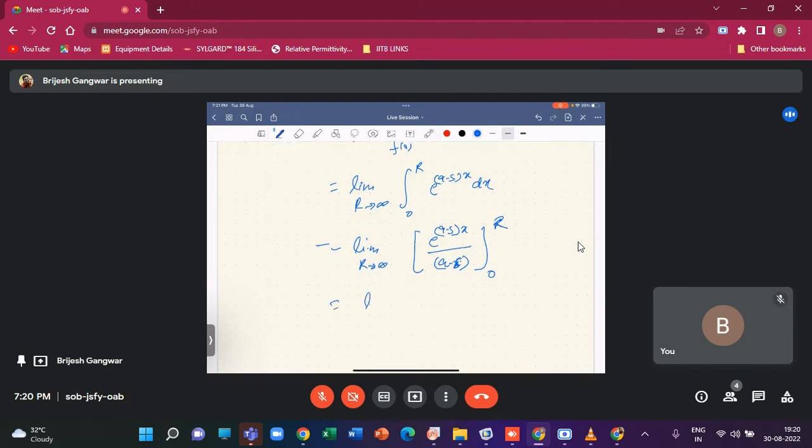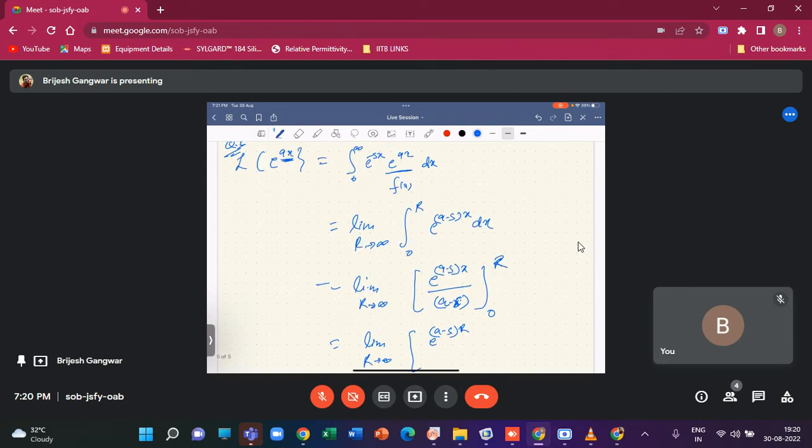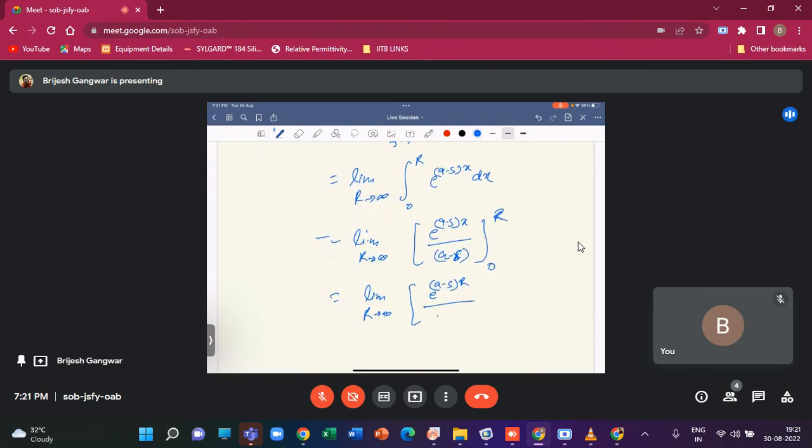So it will be the limit r tends to infinity of e to the power (a minus s)r upon (a minus s), minus 1 upon (a minus s).